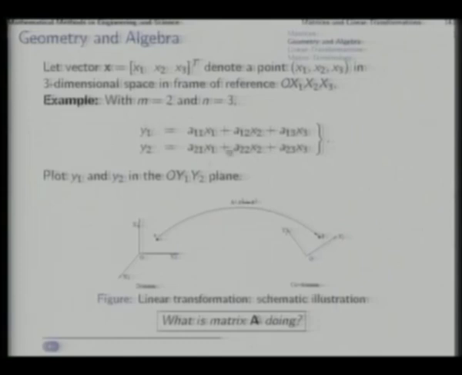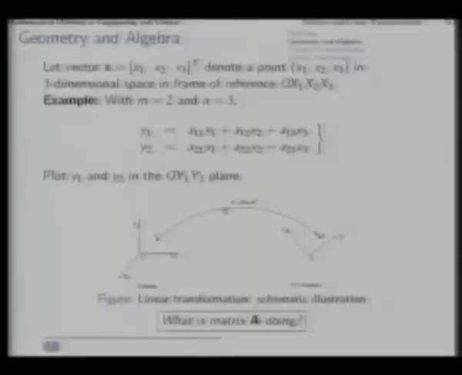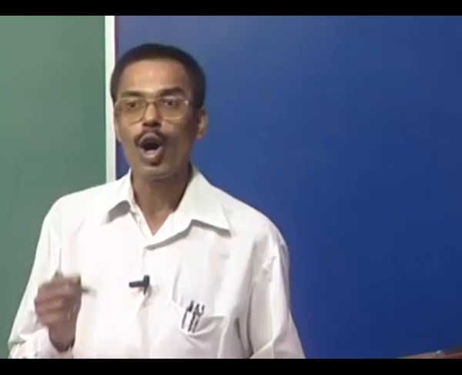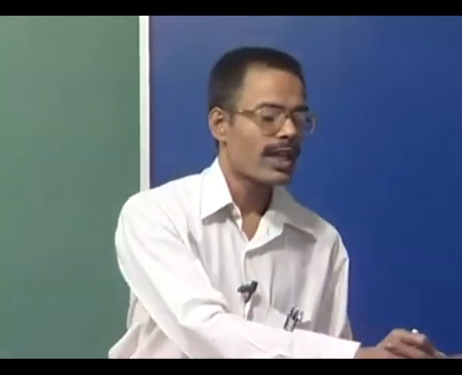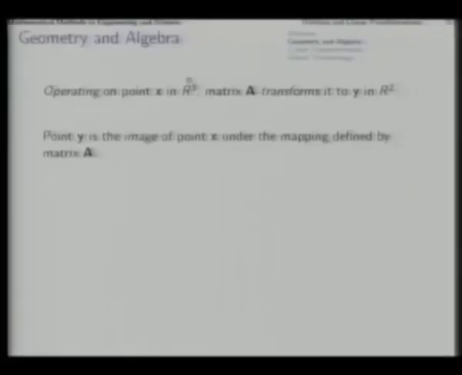So, now we ask this question again, what is matrix A doing in this particular instance, in this particular schematic? It is operating on point x in R3, that is 3-dimensional space with real coordinates. Real refers to this R, and the dimension 3 is shown here.